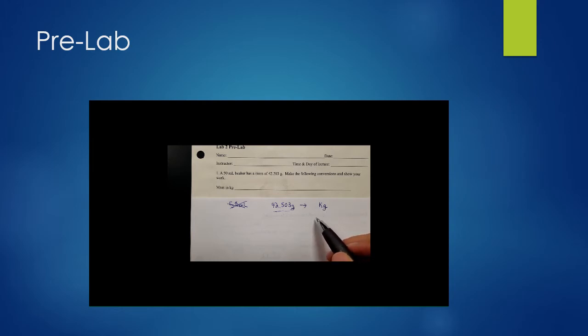Since it's metric to metric, I can use a shortcut, this KHD space DCM. These are symbols for the prefixes of the metric system: kilo, hecta, deca, blank, deci, centi, milli.